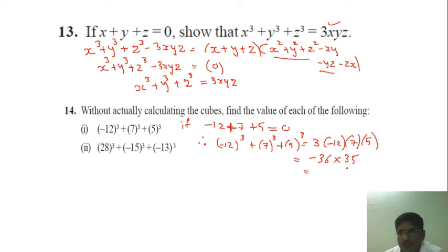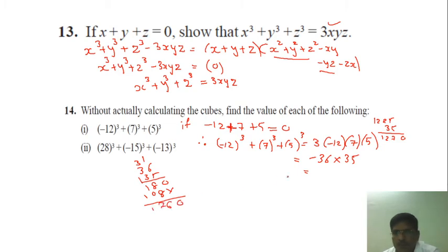So 35 into 36, if we multiply it, we can get 1260. So 1260 is our answer.